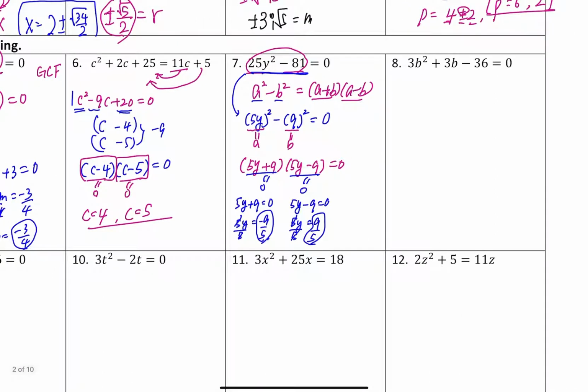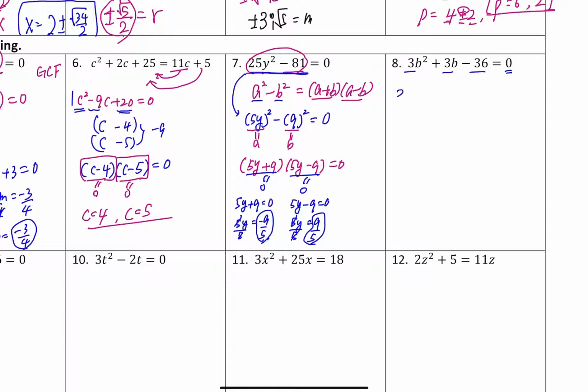Number 8. Yeah, right side is already 0, so you can start from this form. Yeah, can you take out common factor? I think we can find the common factor out of these three terms.